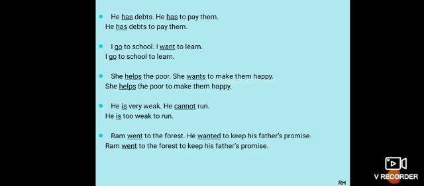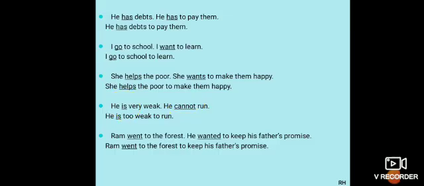Number 4: He is very weak, he cannot run. Now children, we already have done this transformation of removing "too", the adverb of degree, and instead of "too" we put "so that cannot" when the verb is present and "so that could not" when the verb is past. Now here the first finite verb is is, and the next finite verb is can, can run. So now it is cannot.